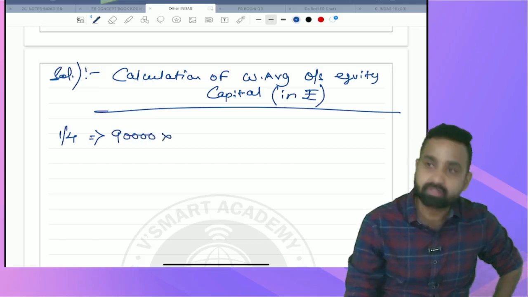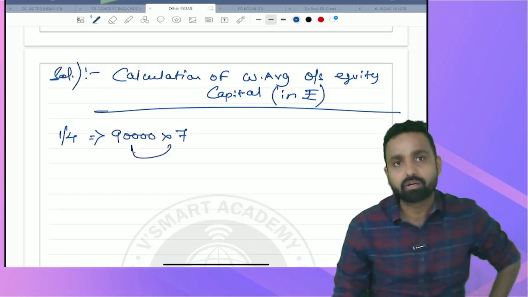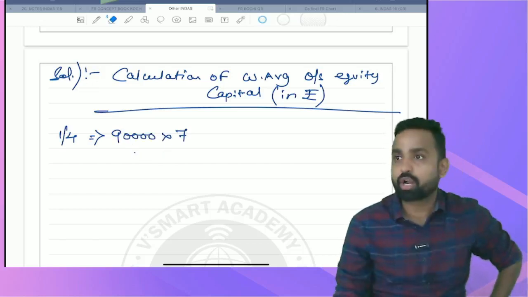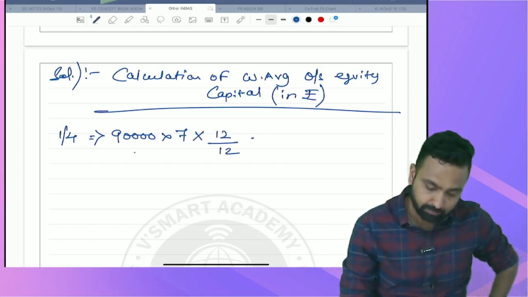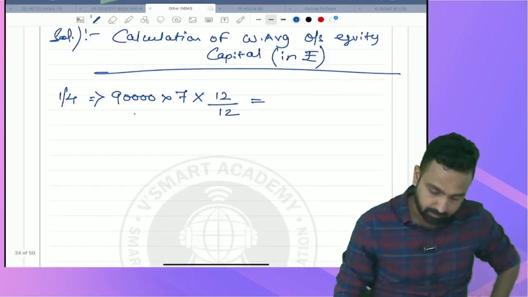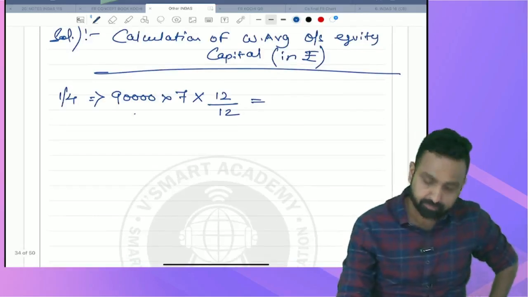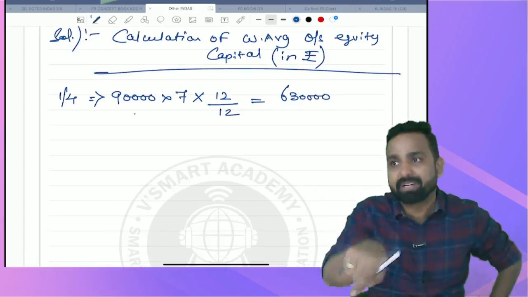And the paid part is 7. Multiply by 7, it becomes your share capital. This share capital was outstanding for the whole of the year. Tell me the answer, please. 630. So 630 becomes your weighted average equity capital in rupee.